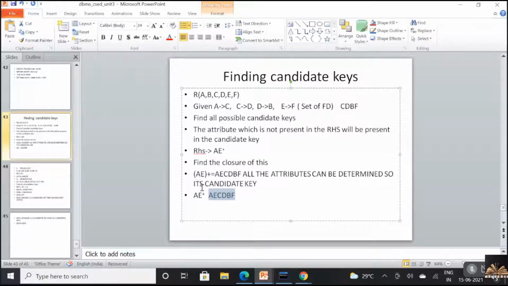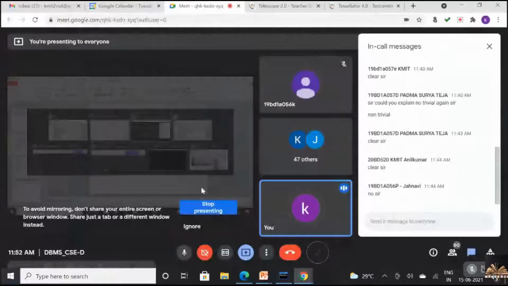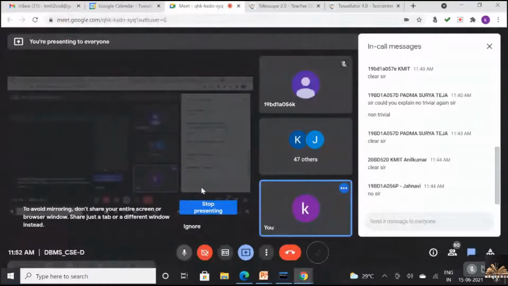So this is the way we are finding out what a candidate key is of a given relation with a set of functional dependencies. Is it clear how you are finding out the candidate key given a relation and a set of functional dependencies? All of you?